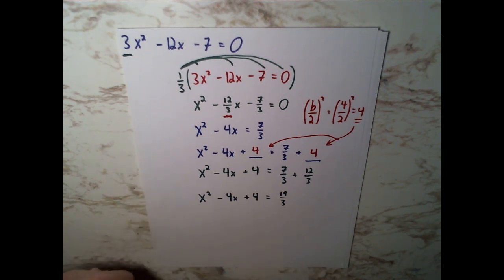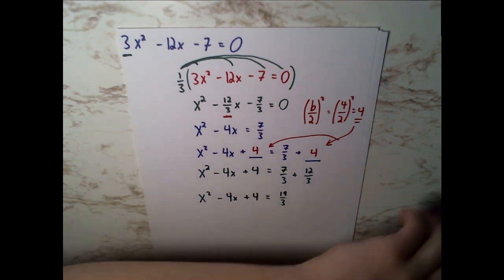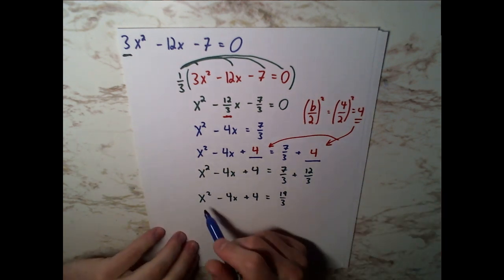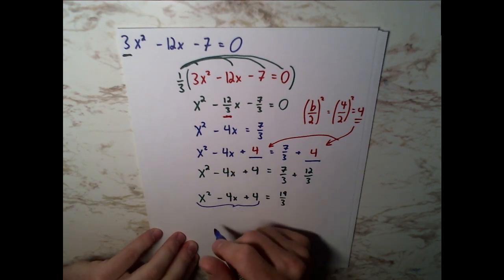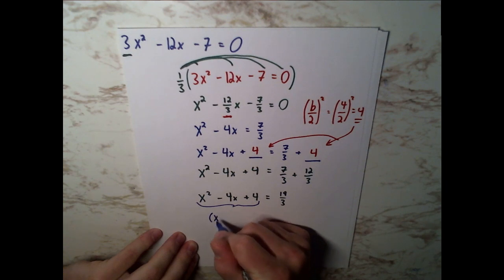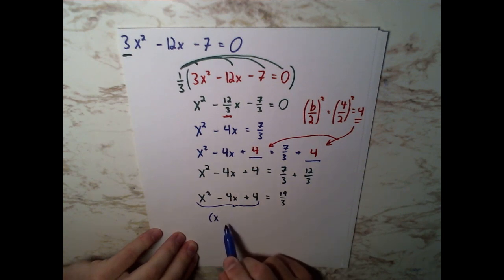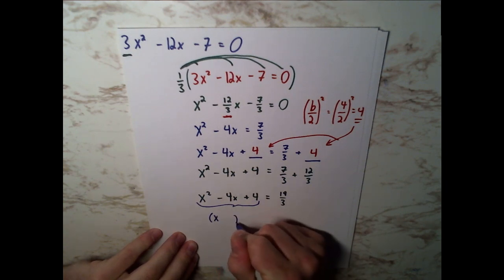So now that we have this side simplified, we will factor this down, and we could use our rule and know that this is going to be x plus or minus b over 2 quantity squared.